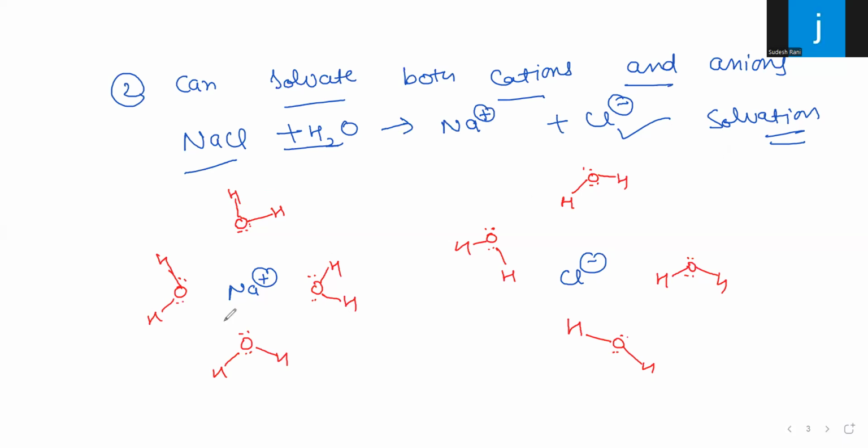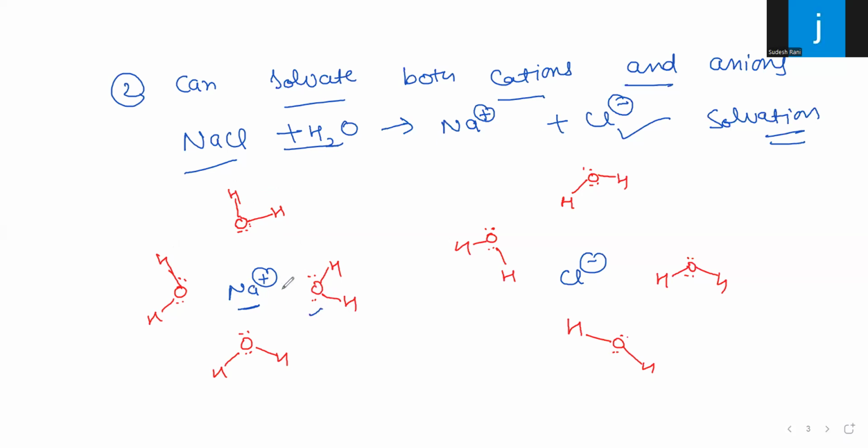Solvation means, see here, sodium has the positive charge. So this is a cation. It is surrounded by the molecules of water. But which atom of water is surrounding it? That is oxygen.